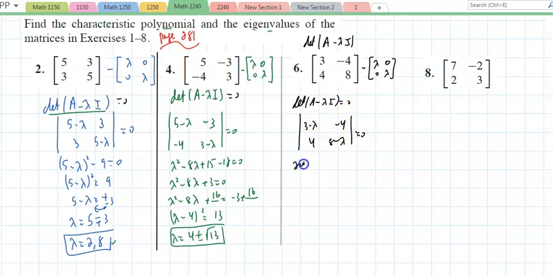That would be 24 minus 11 lambda plus lambda squared plus 16 equal to 0. So that's lambda squared minus 11 lambda plus 40, right?